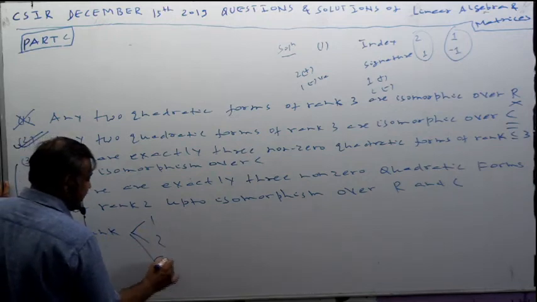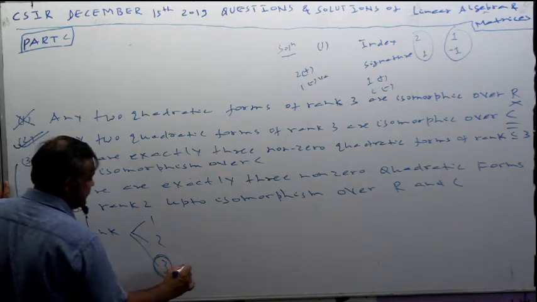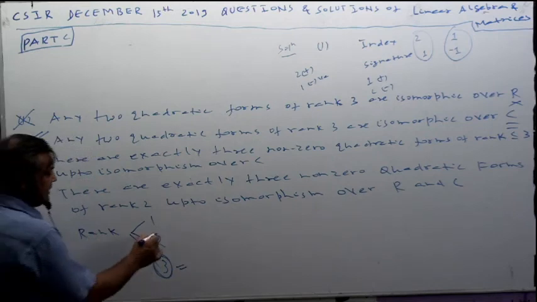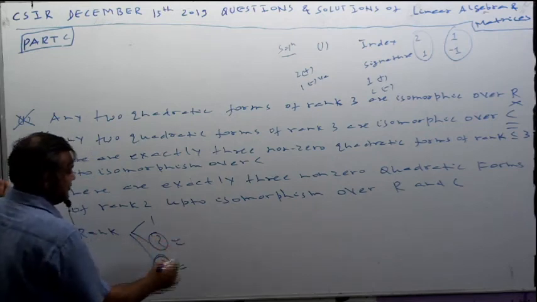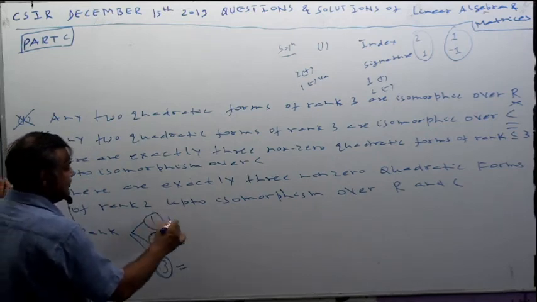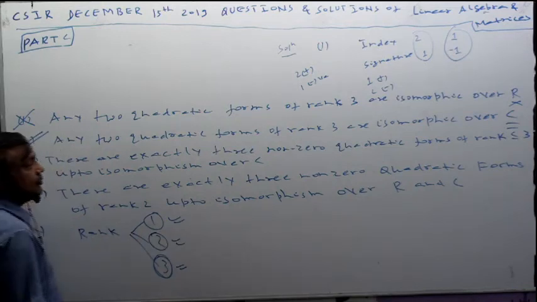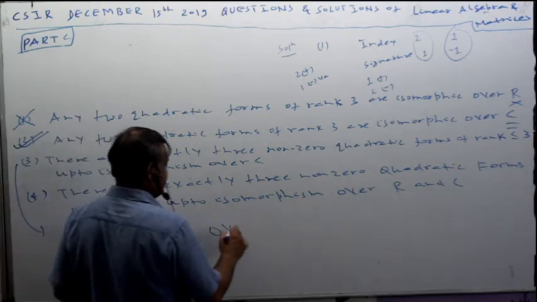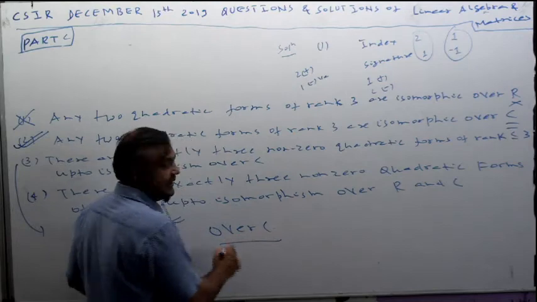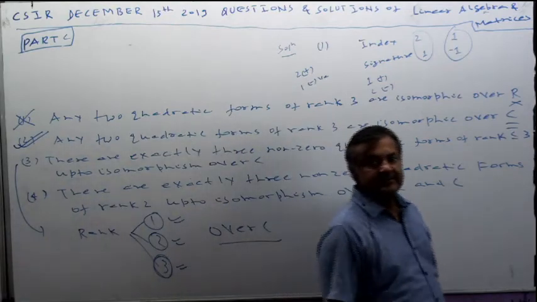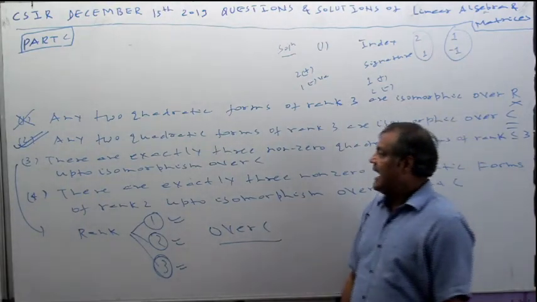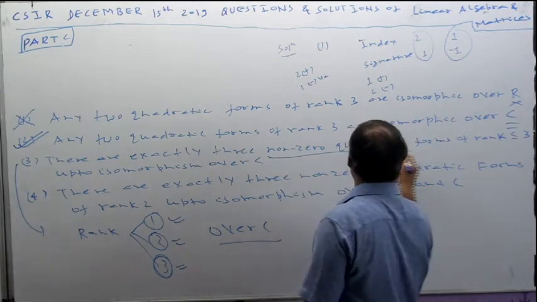So all the quadratic forms of rank 3 are isomorphic. All the quadratic forms of rank 2 are isomorphic. All the quadratic forms of rank 1 are isomorphic. Over C, because over C, we require only rank.